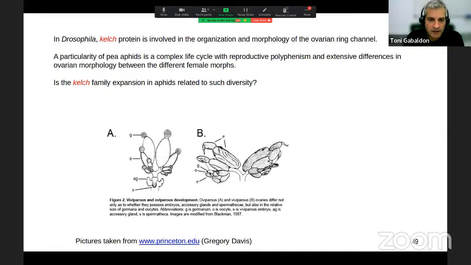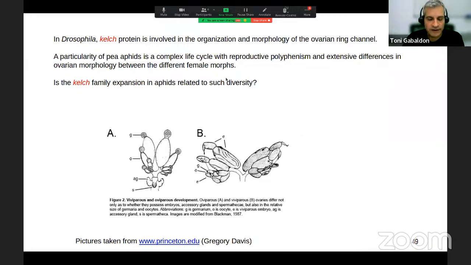One hypothesis we derived in this case was that aphids also have a complex reproductive cycle, and they have sexual females and asexual females, viviparous and oviparous females, and they have a totally different morphology of the ovaries. And the hypothesis here was that maybe this diversification helped in shaping these different ovary morphologies in the different females.